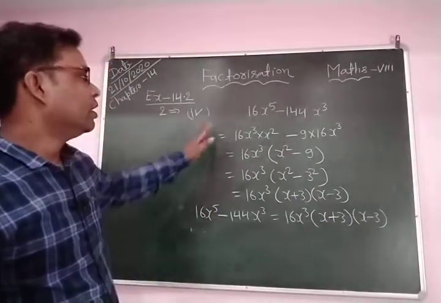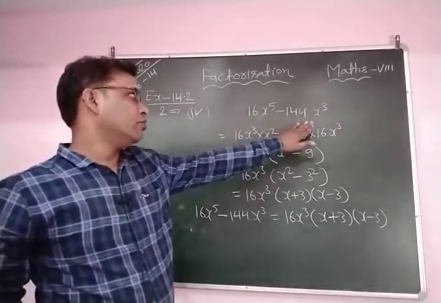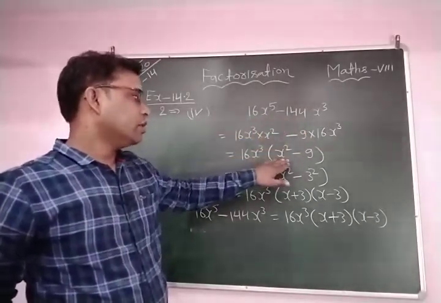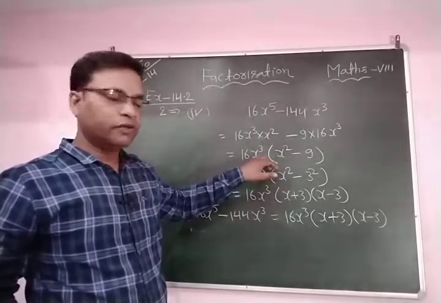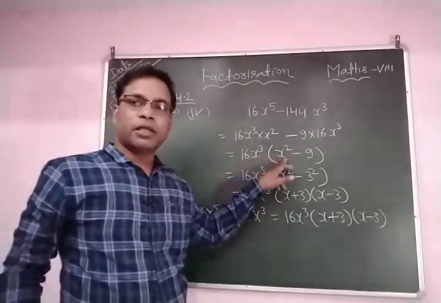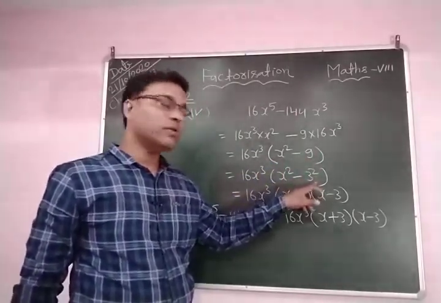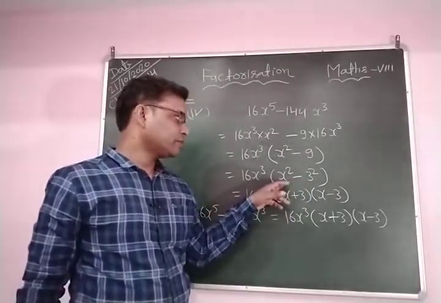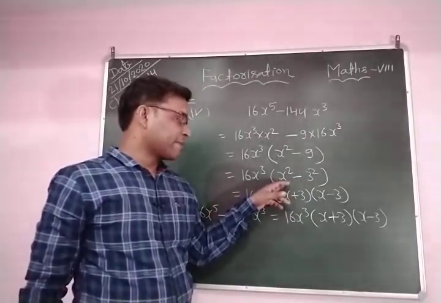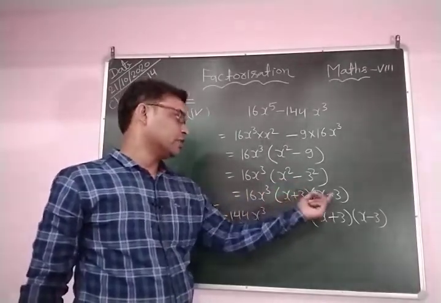In this, this is a given algebraic expression. First we take common 16x³ in both terms. So we take 16x³ common, then we have only x² − 9, which you can write as 3². For this algebraic expression, you are reminded of a² − b², so you can write x + 3, x − 3.